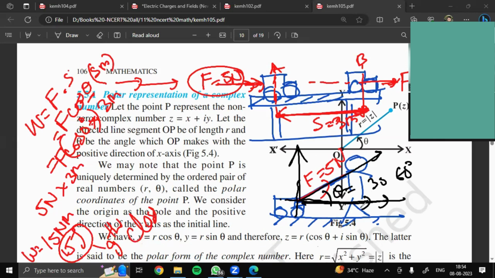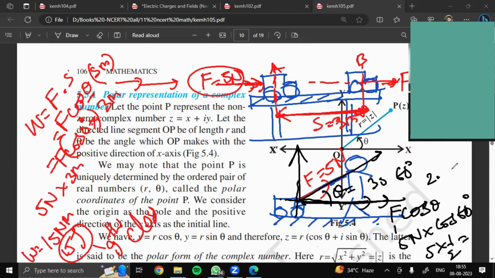So the right hand side component is the horizontal component called F cos theta. And force is 5 newtons. Cos 60 degrees is half, since sine 30 is half, so cos 60 is half. So 5 into half is 2.5.